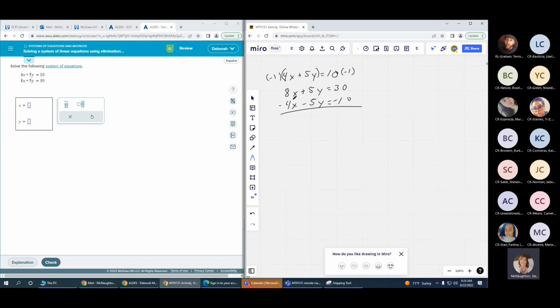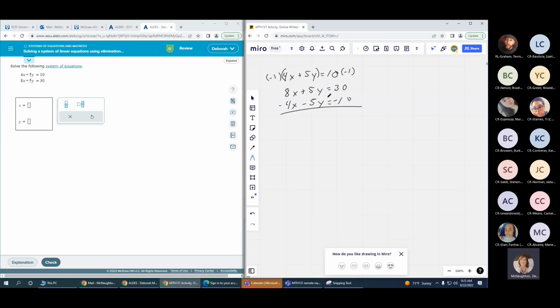But what we want to do, and you can make either one of them disappear. We just want to do something to either make the x's cancel each other out or the y's cancel each other out. So by multiplying this first equation by -1, I get a negative 5y, and I have a positive 5y in the other, so when I add these together, that variable will disappear.